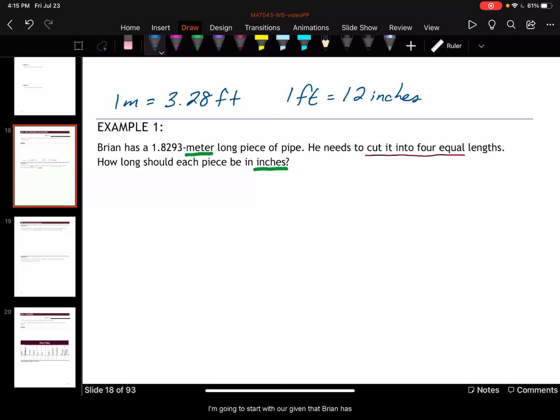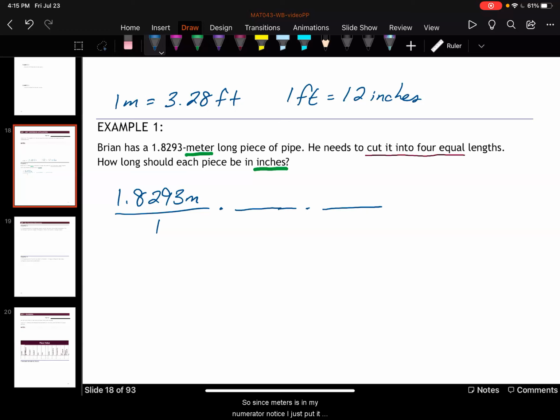I'm going to start with our given that Brian has, 1.8293 meters. Notice I include my unit so I know where I need to put my information in my next couple of fractions. So since meters is in my numerator, notice I just put it over 1. You can put any whole number over 1.